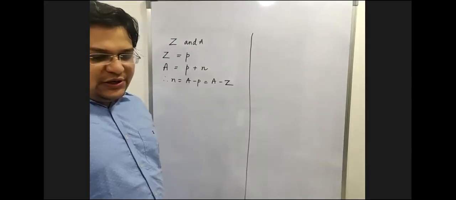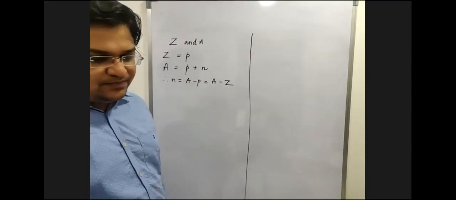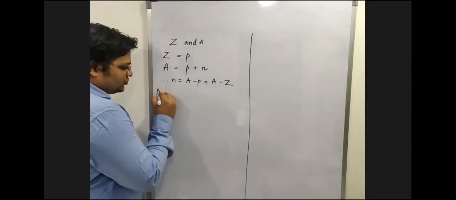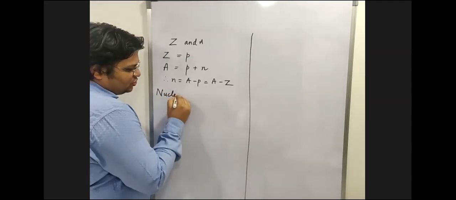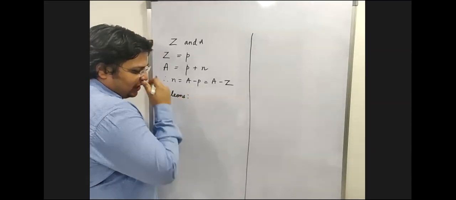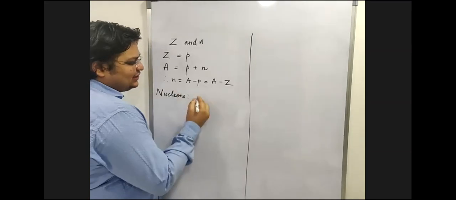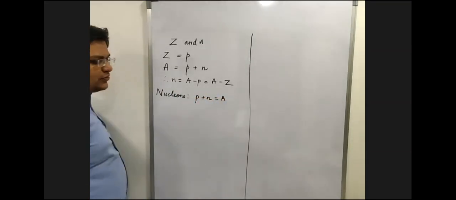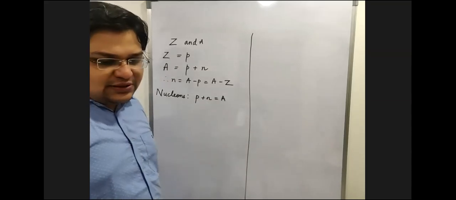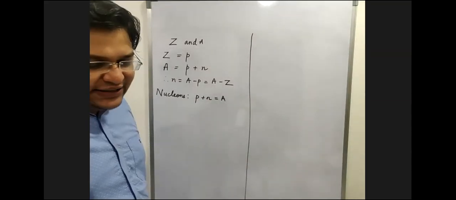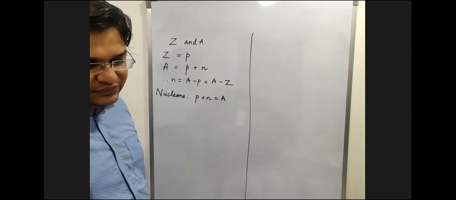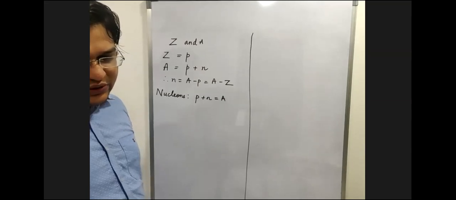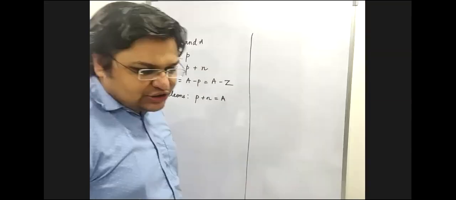Atomic mass number is protons plus neutrons. Nucleons are nothing but the particles inside the nucleus. Hence it is protons plus neutrons.